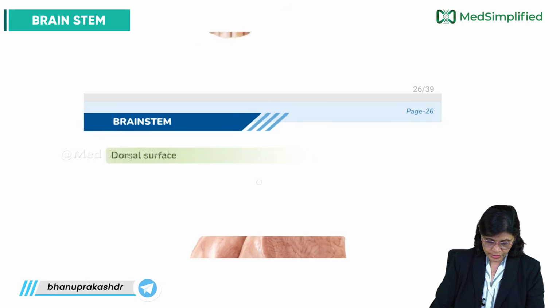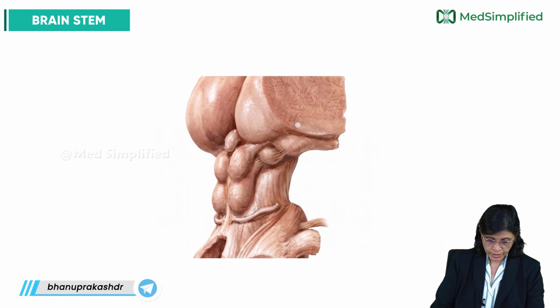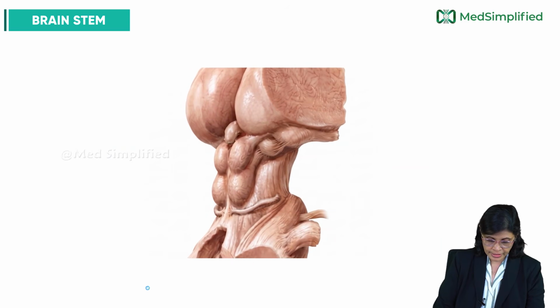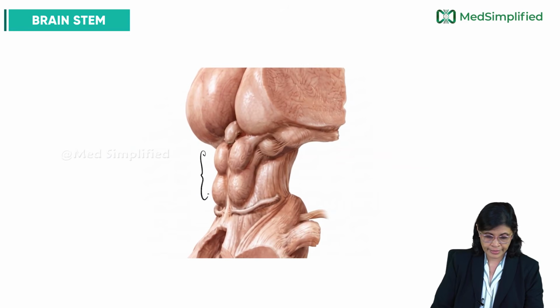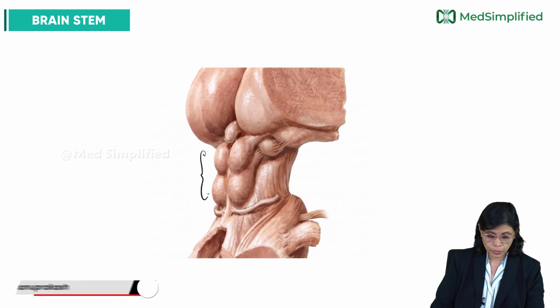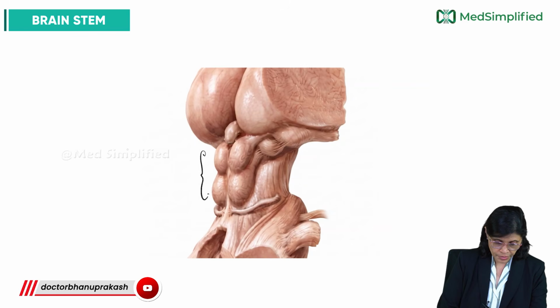Next, the dorsal surface. When we see the dorsal surface of the midbrain, it presents these four rounded elevations. They are called the corpora quadrigemina.